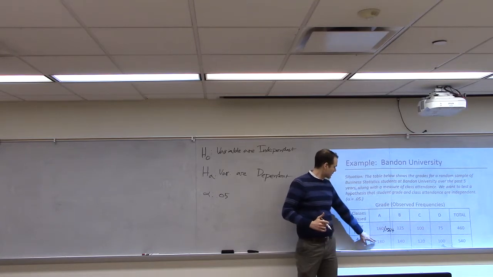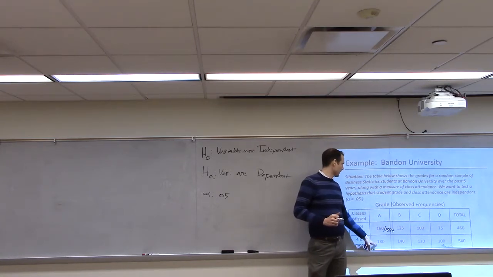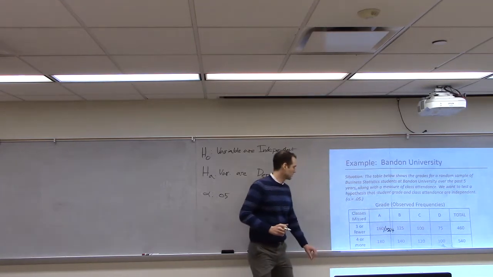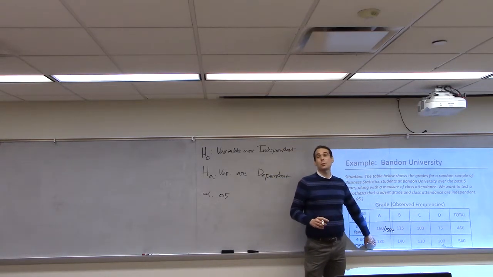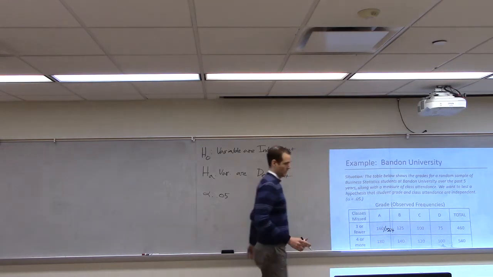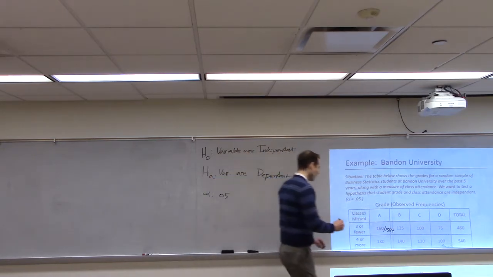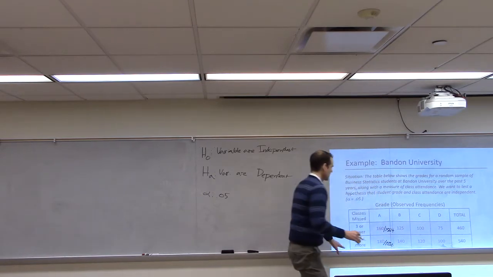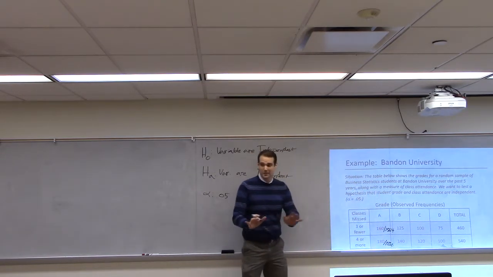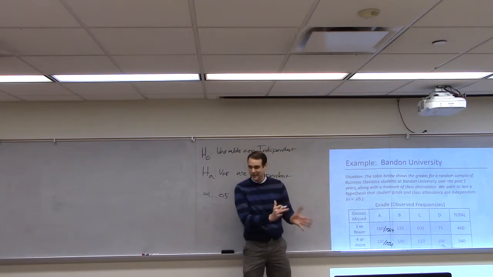Alright, let's do the expected frequency for this cell. How many of the students who did not come to class, how many A's would we expect? 186? 183.6. Okay, so, alright, that's not overwhelming evidence by any means yet, but what does it lean towards?